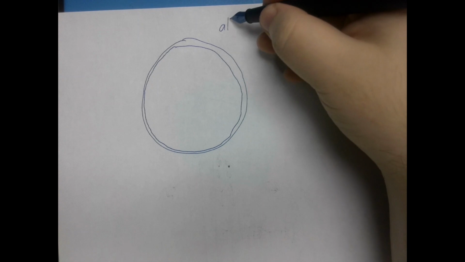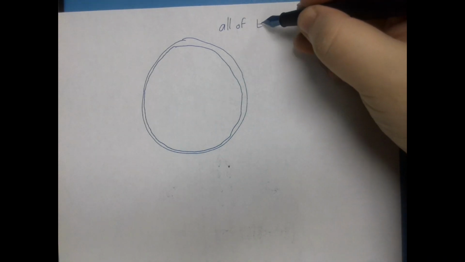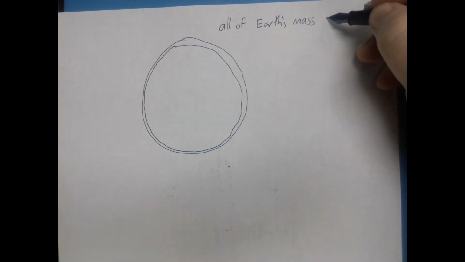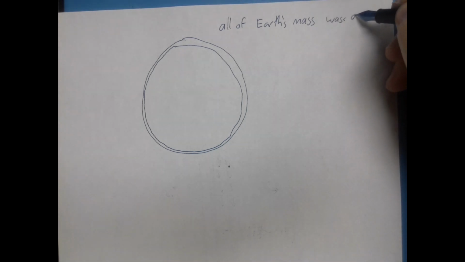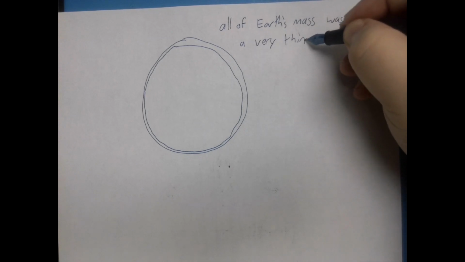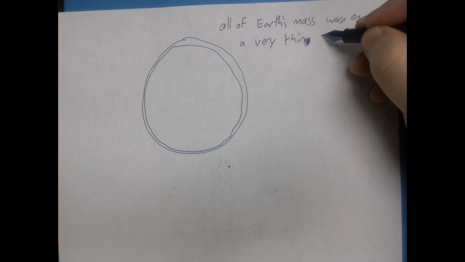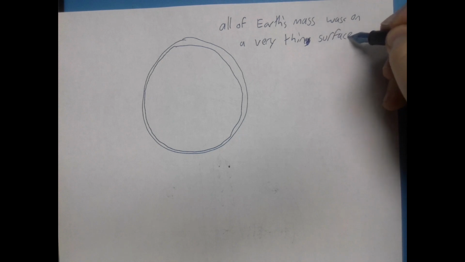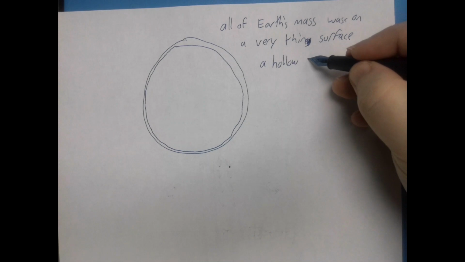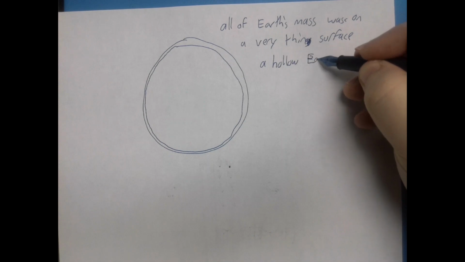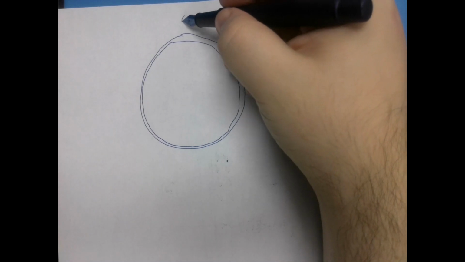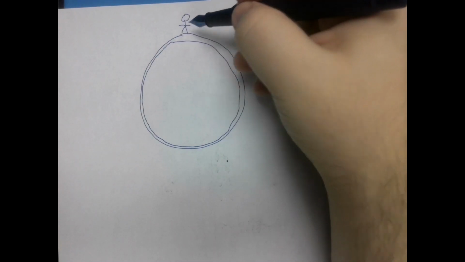So all of Earth's mass was on a very thin surface. So a hollow Earth. How would gravity work on the surface?